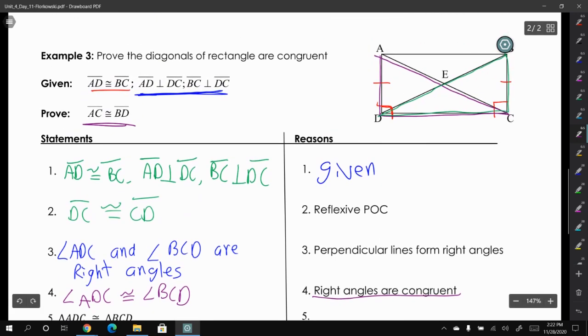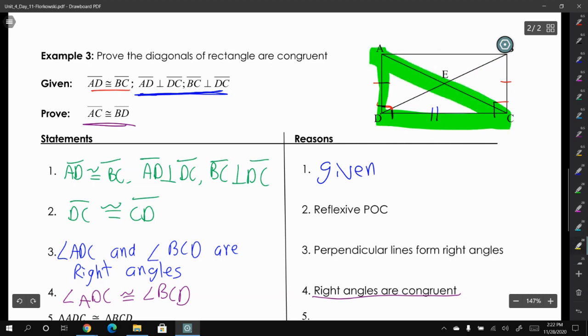And the reason for that is side angle side, because DC is congruent to itself. It is a shared side. So we have this triangle and this triangle are congruent by side angle side because we have two pairs of congruent sides and one congruent angle.